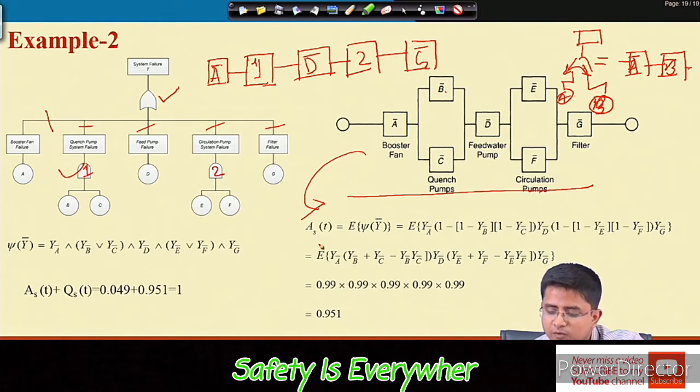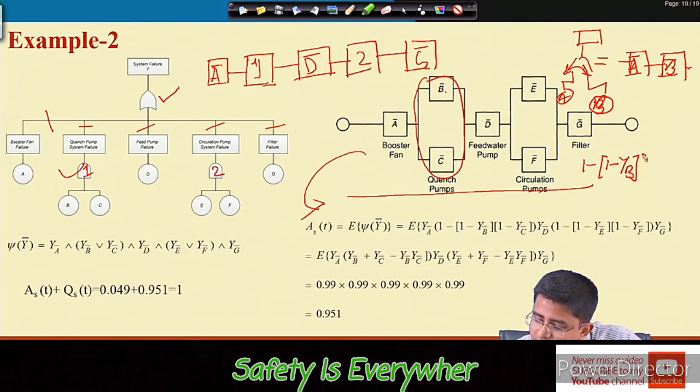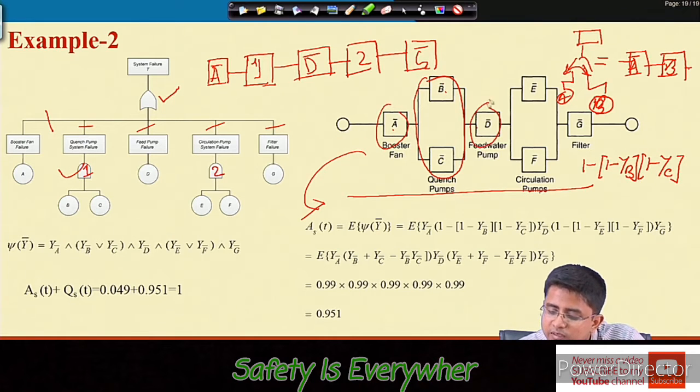As B and C are in parallel, the structure function of only this portion will be 1 minus y b into 1 minus y c, and as all the things are in series, we have to multiply all of them.